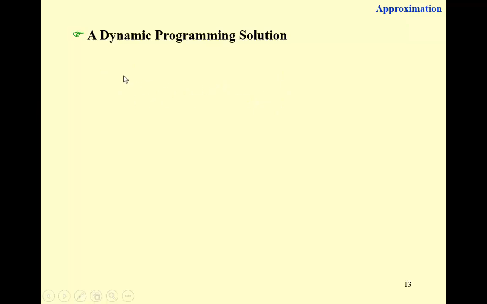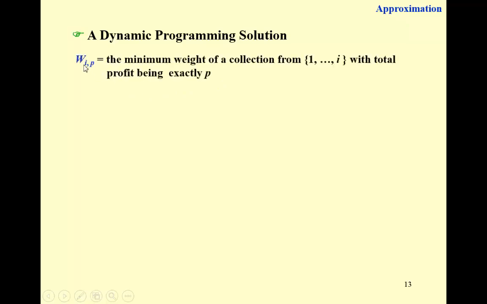And actually, that's not the only way to solve it. We can also take the weight to be our optimization function. Find the recurrence equation for the minimum weight. Okay, let's define W sub I and P be the minimum weight of a collection from 1 to I items for this subproblem, with total profit being exactly P. And here we're assuming that all the profits are integers.